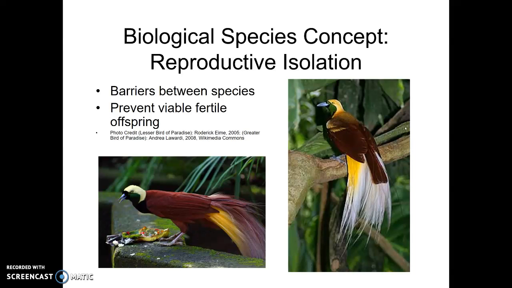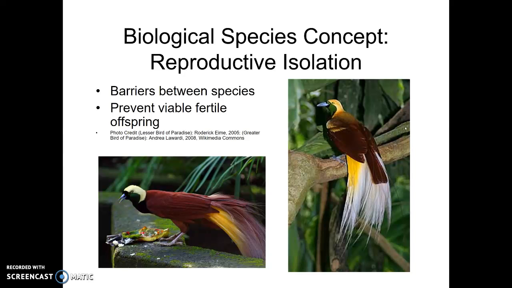All right, so keep in mind, reproductive isolation are barriers between species. Remember the definition of a species. You need to look the same, and you need to be capable of breeding naturally and producing fertile offspring. So the offspring have to survive, and they also have to be able to reproduce, and that is what we refer to as a species.